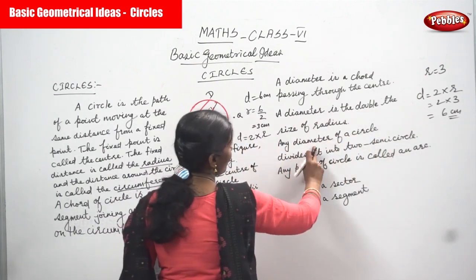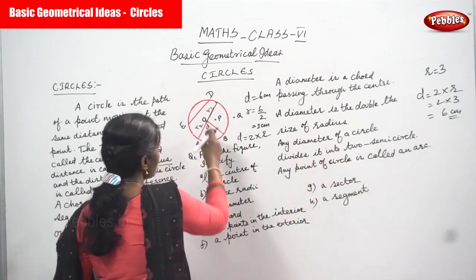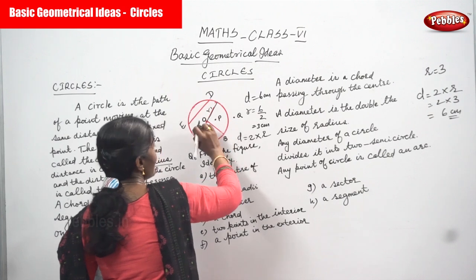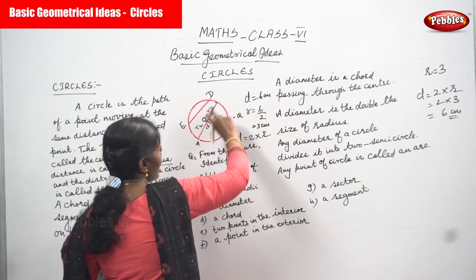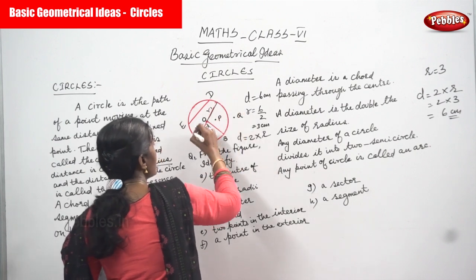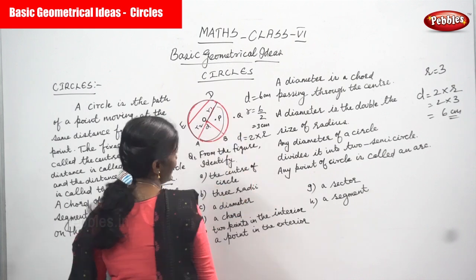Any diameter of a circle divides it into 2 semicircles. The diameter is always passing through the center. So this one part we can call a semicircle, and this other part another semicircle.